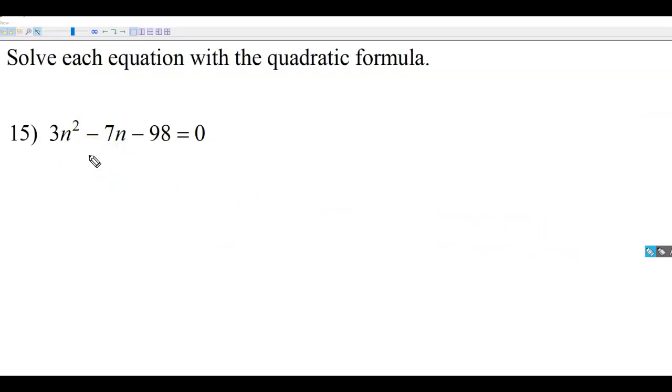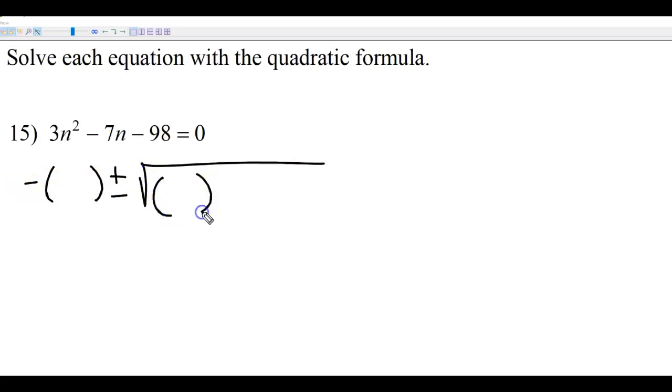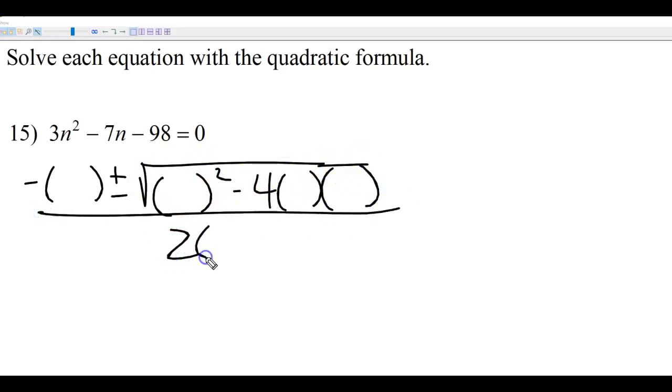So we have our A is 3, B is negative 7, and C is negative 98. B goes in the first two spots, A goes in the next spot and on the bottom, and C goes in the last spot.